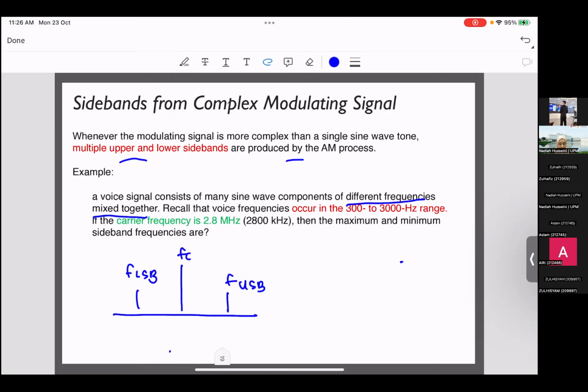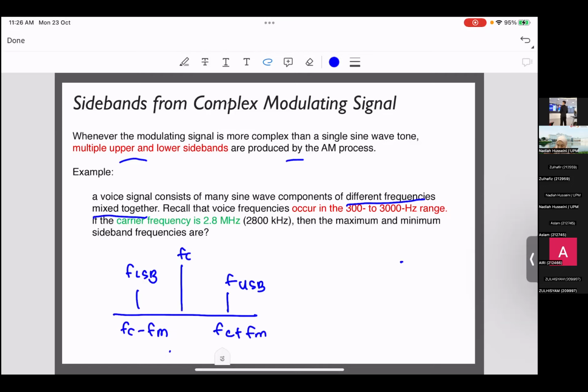If our modulating signal is going to be a range, therefore our sideband is also going to be a range. So this is FC plus FM, and this is FC minus FM.